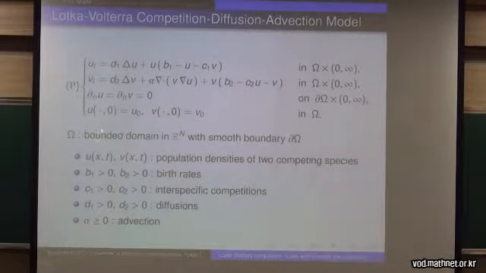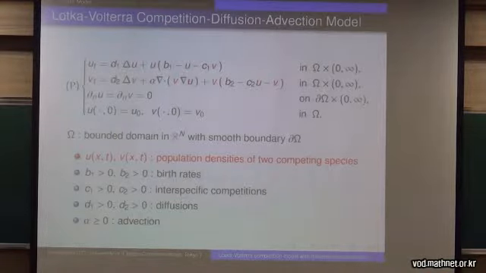Here, omega is a bounded domain in n-dimensional Euclidean space with smooth boundary delta omega. And in this system P, the unknown functions are U and V, which satisfy the homogeneous Neumann boundary condition on delta omega.